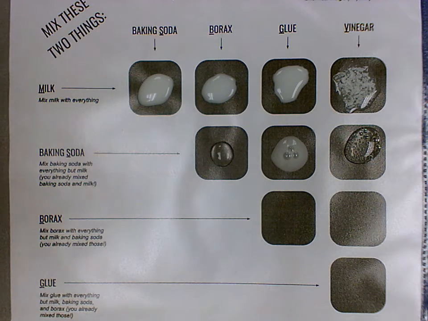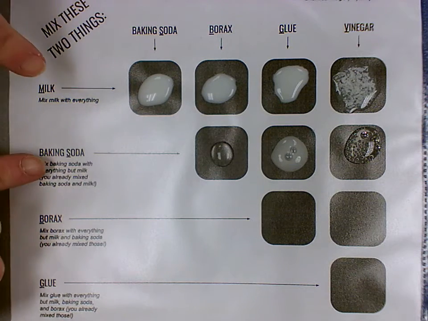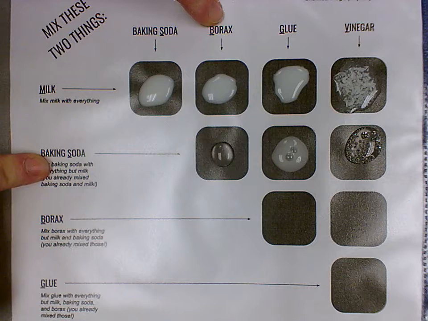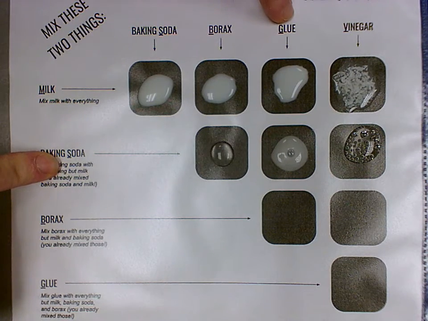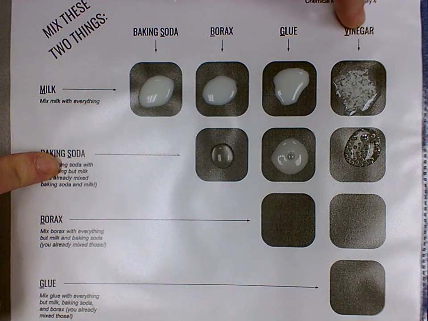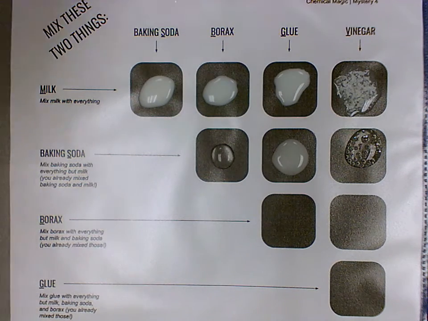Okay, so go ahead and pause the video again, go back a slide and record your observations. What happened when the chemicals baking soda and borax mixed? Baking soda and glue mixed, and then baking soda and vinegar. What happened when those mixed? Okay, see you in a second.